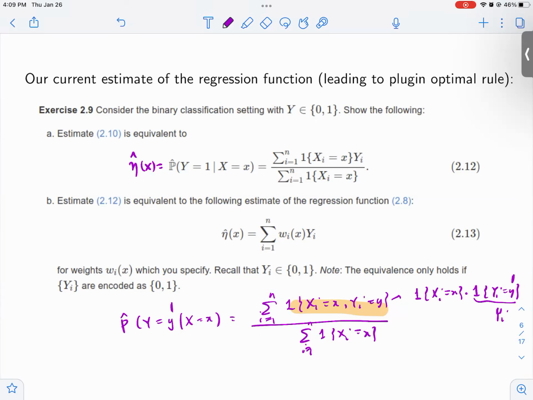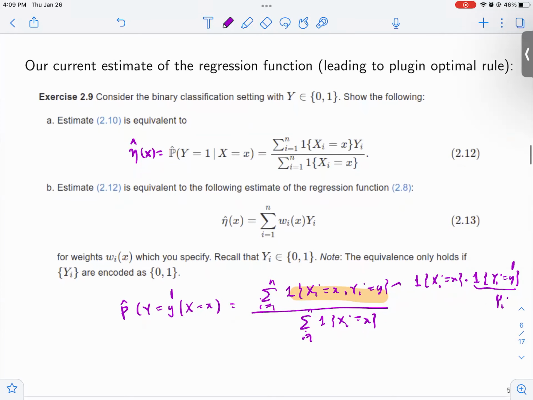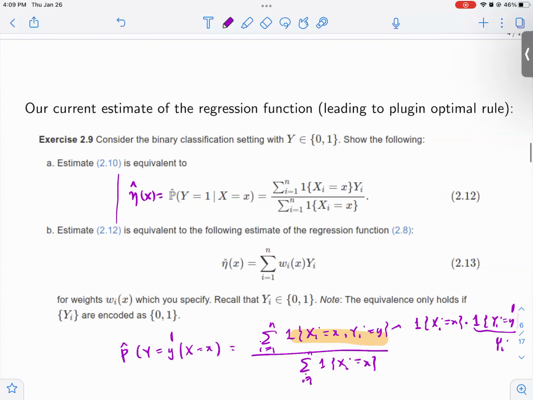So the entire training of a classifier would boil down to calculating or estimating this regression function. And this regression function, we have a good estimate in the discrete case. You can also show that this looks like this, which we'll get to later. But there is an issue with this.